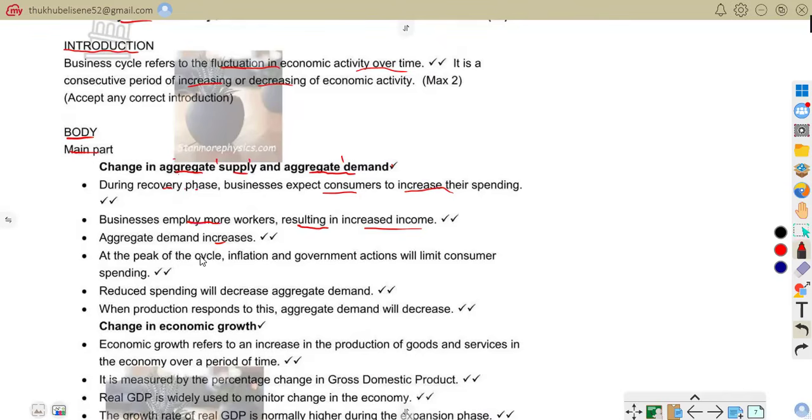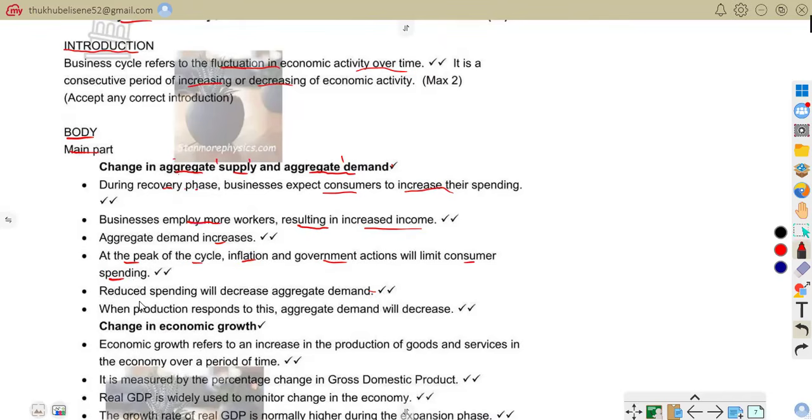For example, people buy more houses, cars, and electronics during expansion. At the peak of the cycle, inflation and government actions will limit consumer spending. It means higher prices and policies like higher taxes or interest rates reduce spending.